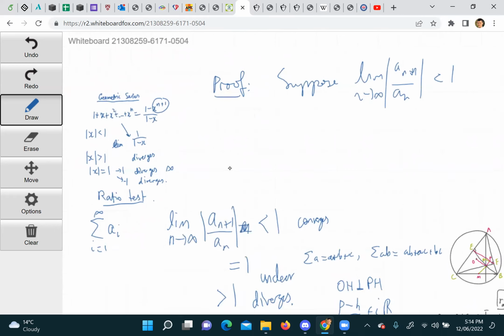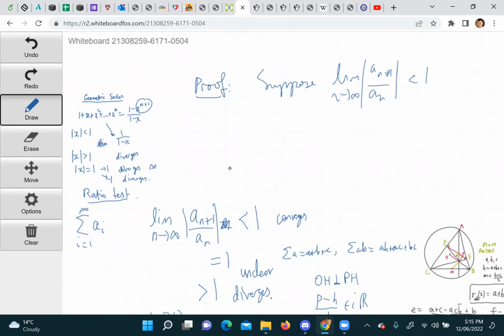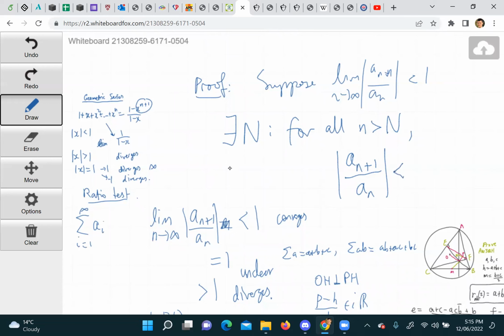So basically, there exists an N such that for all n larger than this N, the ratio a_{n+1} over a_n is less than r, which is less than 1. It's a fixed r for all n. So that limit is less than r, and you can get close to the limit, so it's going to be less than r.